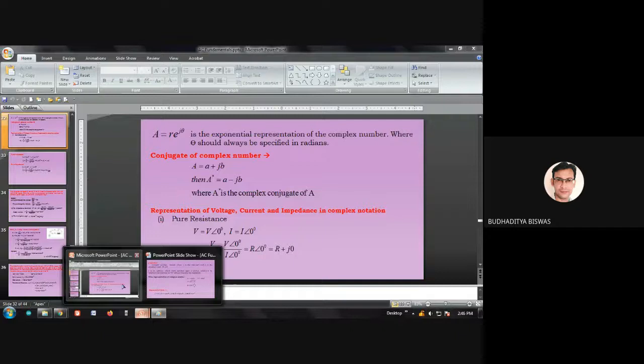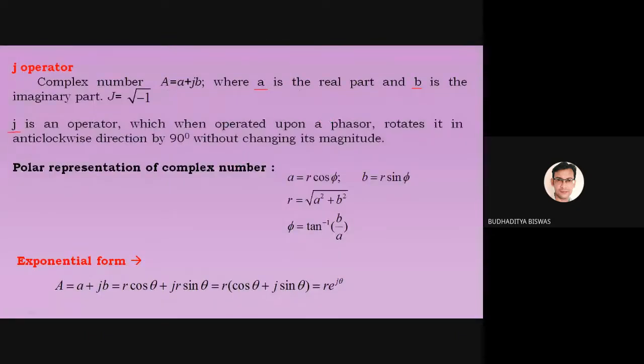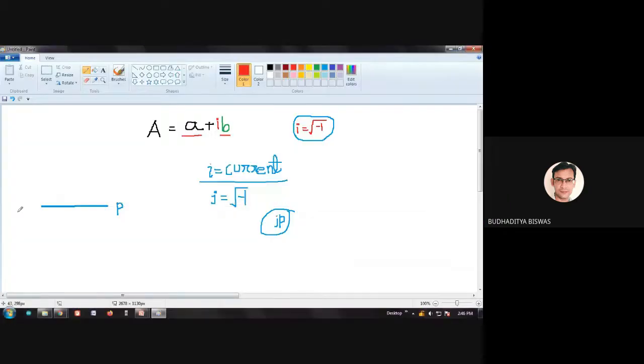What is written here? j is an operator which, when operated upon a phasor, rotates it in the anti-clockwise direction by 90 degrees without changing its magnitude. So if j is multiplied with P, its magnitude remains the same, only it rotates in the anti-clockwise direction by an angle of 90 degrees. So this is nothing but j into P. Got it?